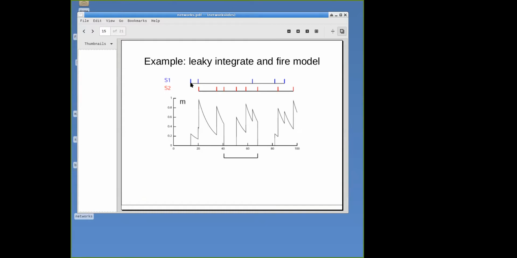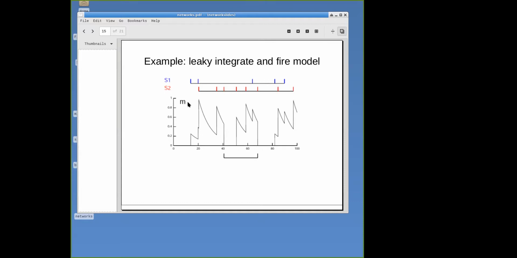When it receives an input, M is perturbed instantaneously by a value equal to the weight associated with that input. So in this case, the blue input stream is associated with weak weights, and the red stream is associated with strong weights.